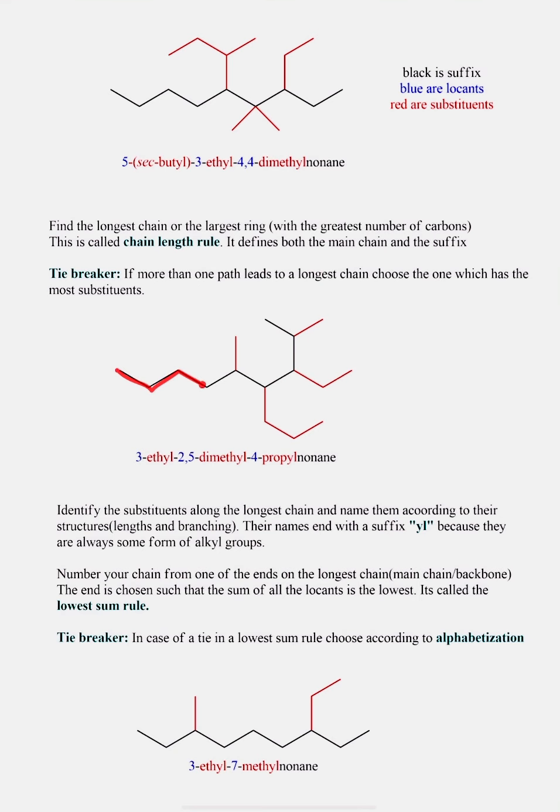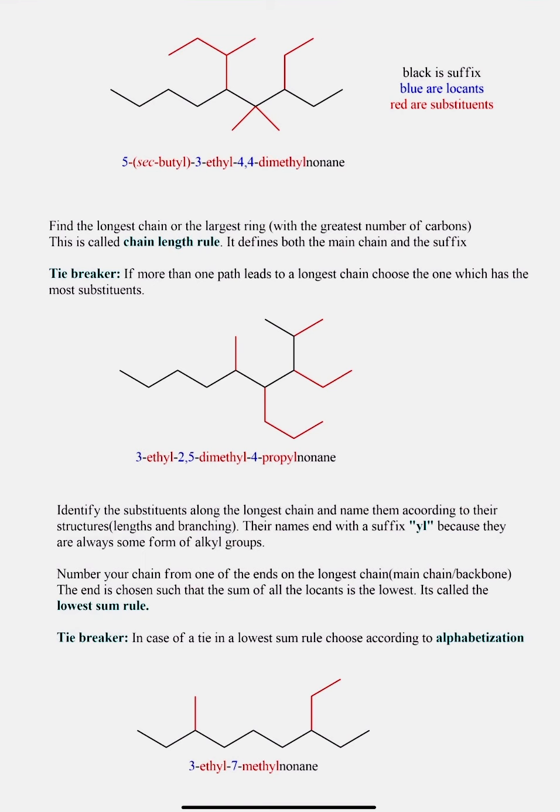But if I choose this black path, then it has 1, 2, 3, and 4 substituents. So I have to choose the black path, or I can choose this path also, which is identical anyway. And based on that, you will have the name of the compound, details of which I will be dealing with later.